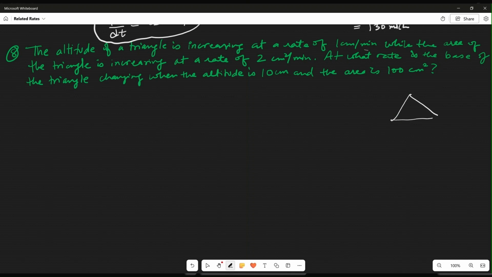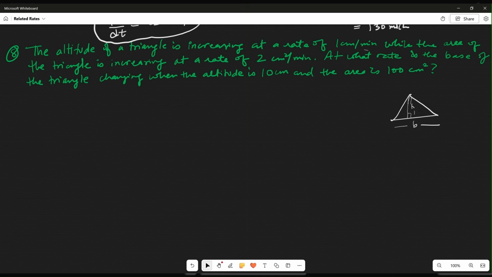Suppose we have this triangle. While the area of the triangle is increasing, at what rate is the base of the triangle changing? This is the base. Suppose b is the base of the triangle. Altitude means height, right? This is h.